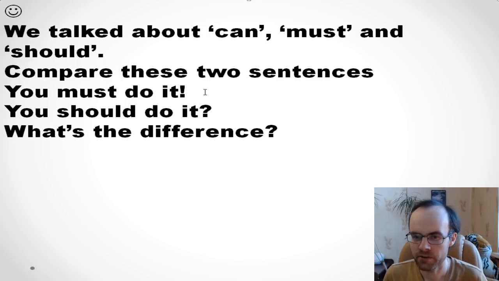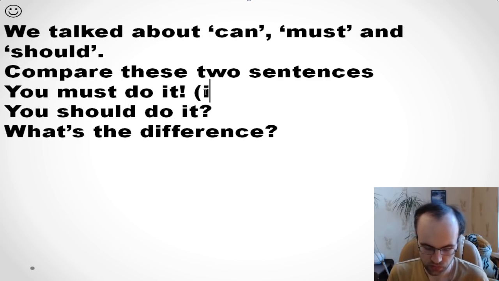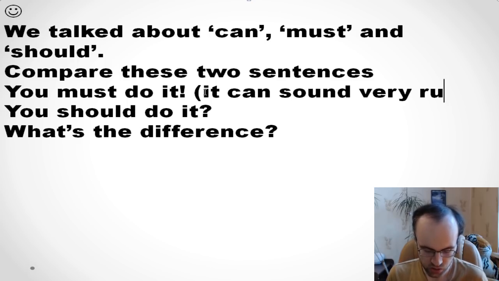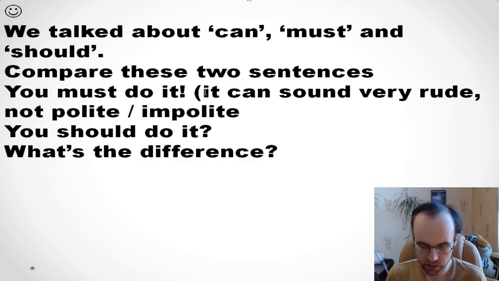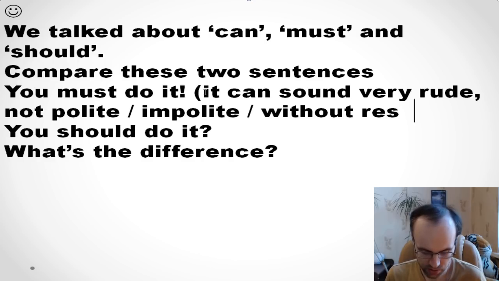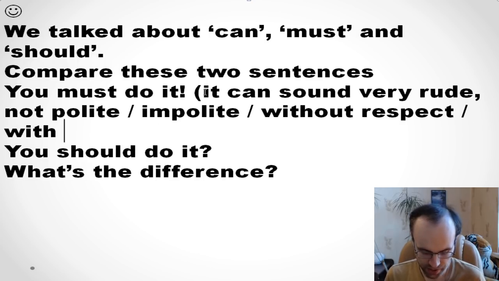It can sound very rude or not polite or impolite, without respect or with disrespect.